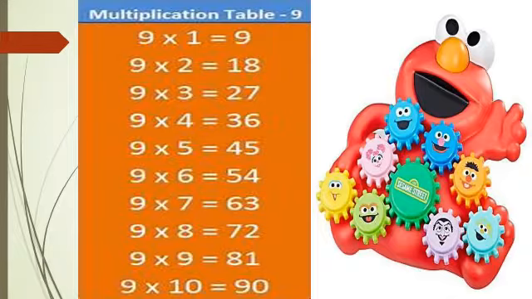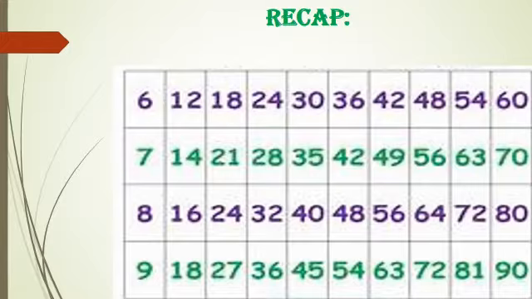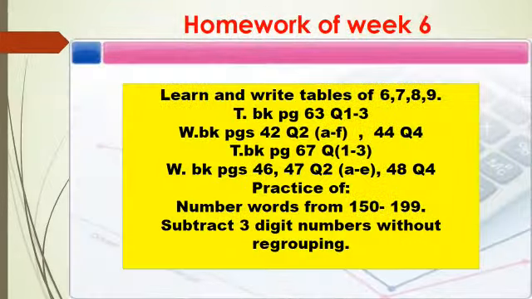If you have 10 groups and each group contains 7 cupcakes, then 7 tens are 70. If you have 7 groups and each group contains 7 balls, then 7 sevens are 49. 7 twos are 14. 7 fives are 35. Very good.